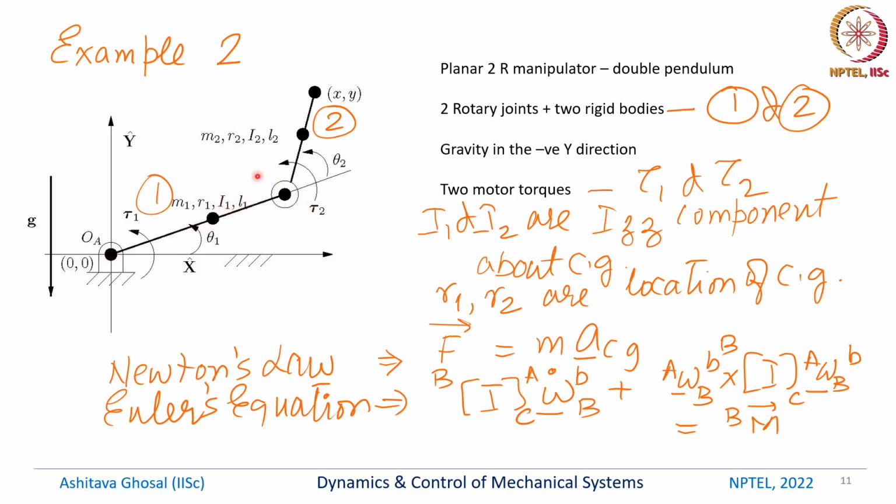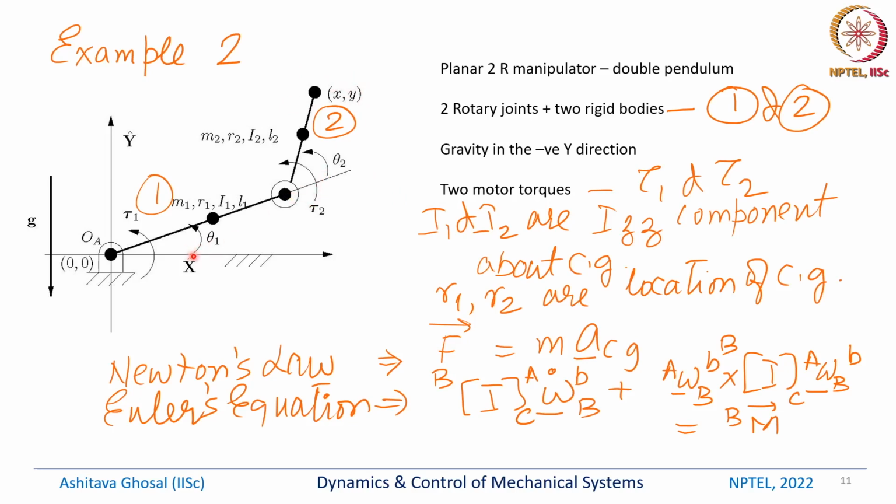Remember this is a planar motion, so Ixx and Iyy will not appear. I1 and I2 are the Izz component about the CG, and R1 and R2 are the location of the CG from OA and from the origin of the second link, which is here. This is the end of the link, which is x comma y.